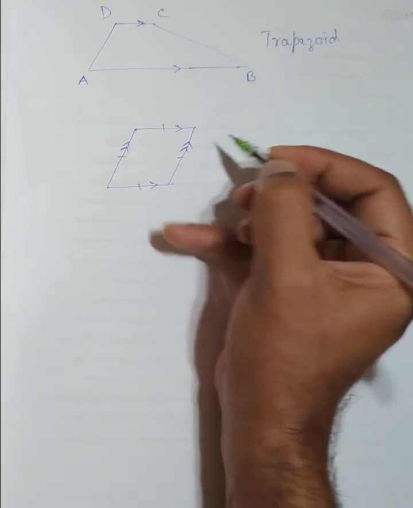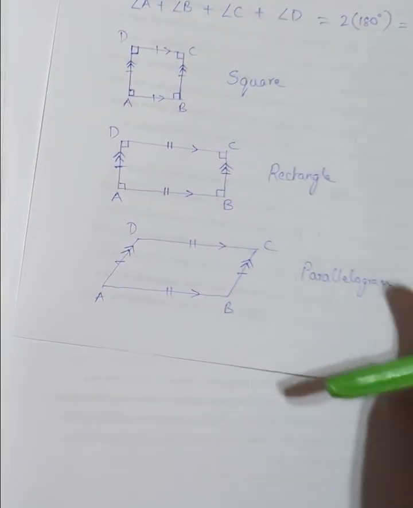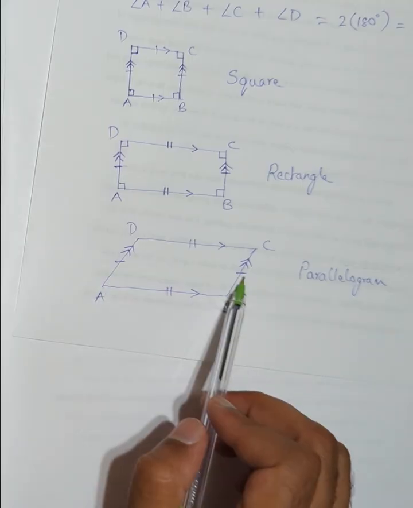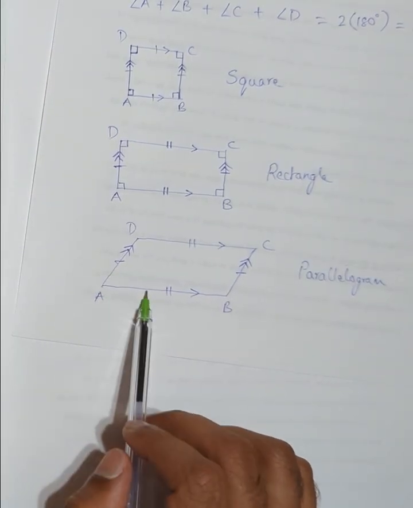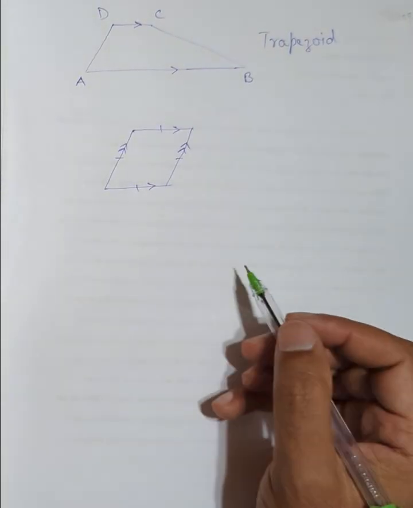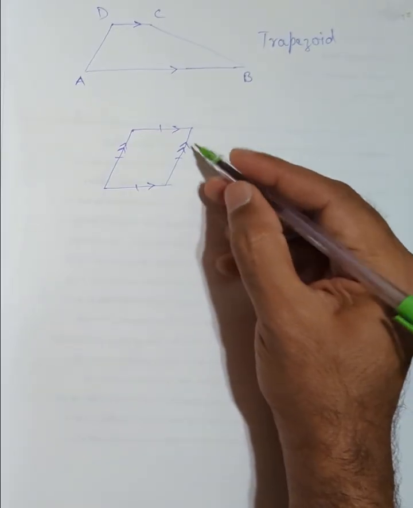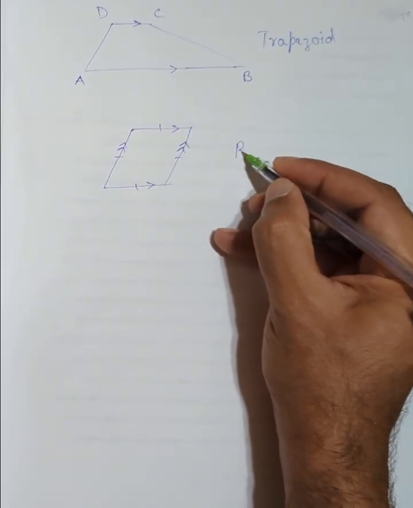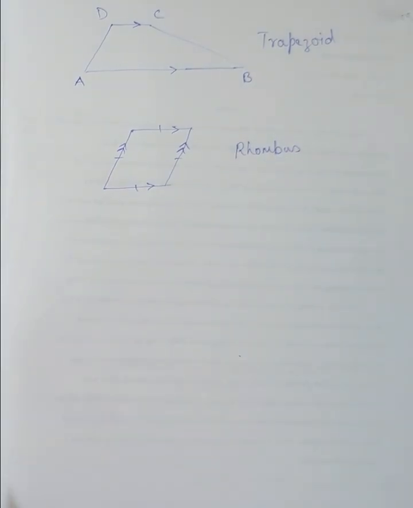But in a general parallelogram, you don't have equality of all side lengths, just the opposite sides are equal. But if you look at adjacent sides, they don't have to be equal in a parallelogram. Whereas in this shape, all of the side lengths are equal. So this is a special kind of parallelogram. This is called a rhombus.